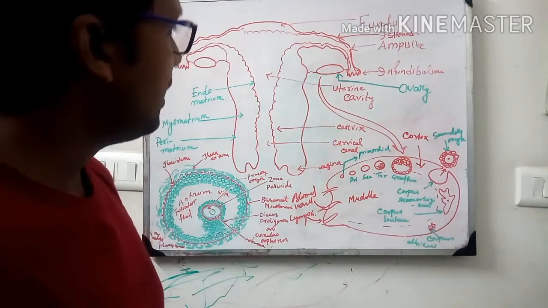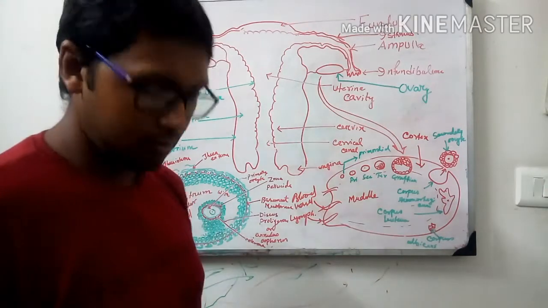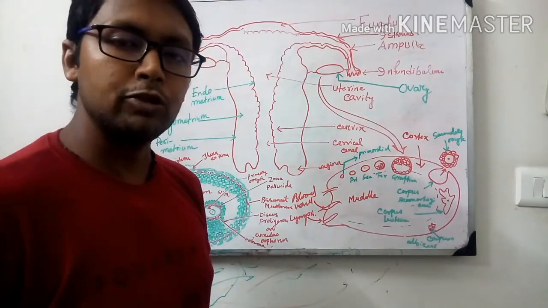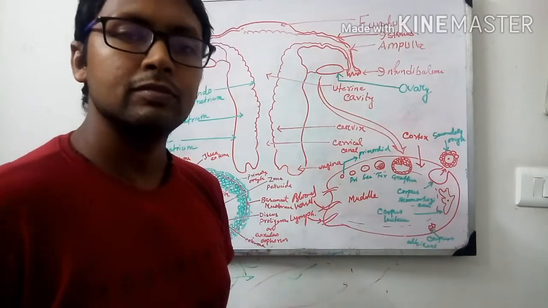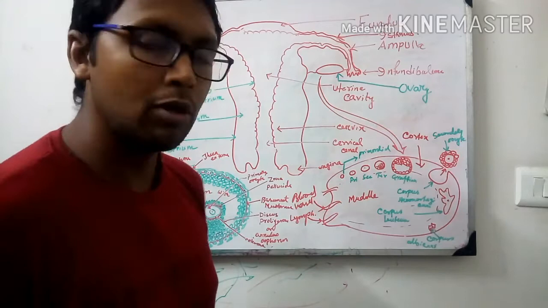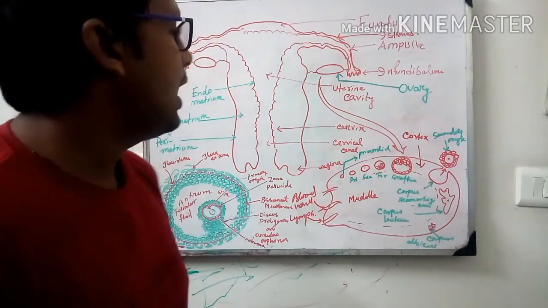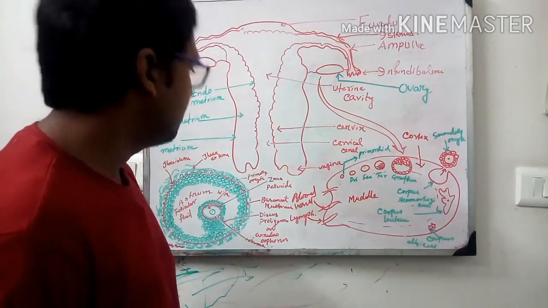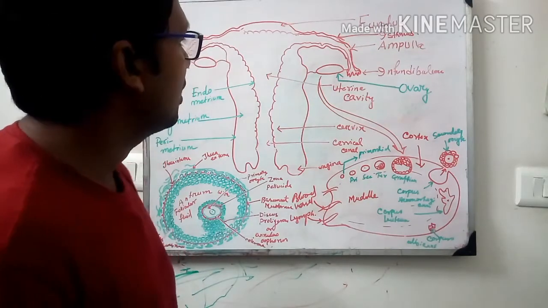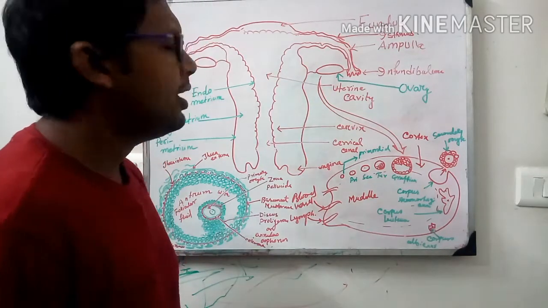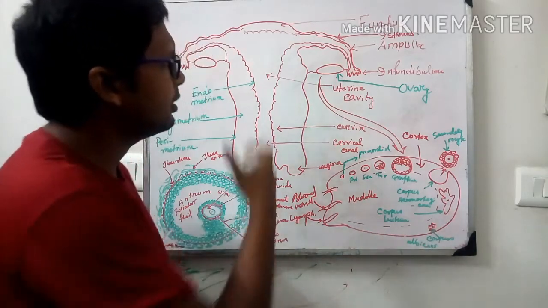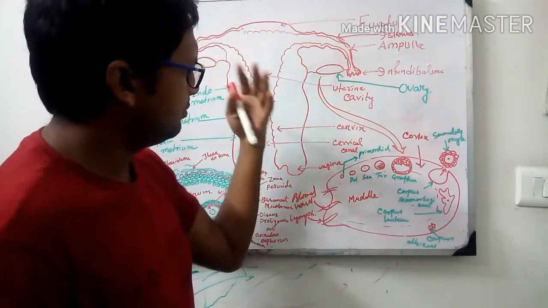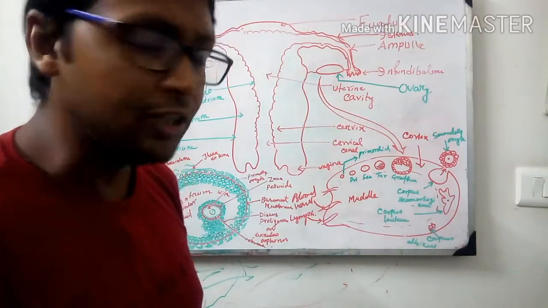In the male reproductive structure we have already discussed the spermatogenesis process, the male reproductive structure, different glands, their functions, different hormones, hormonal regulations, as well as the male secondary structures, sperm structures, and different abnormalities present in the male reproductive structure.